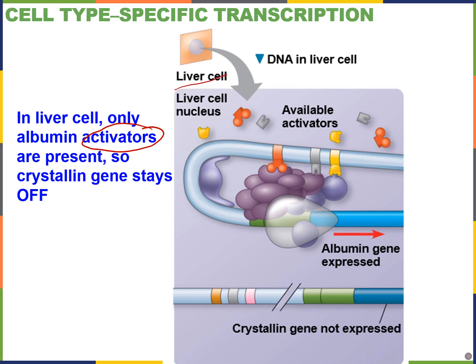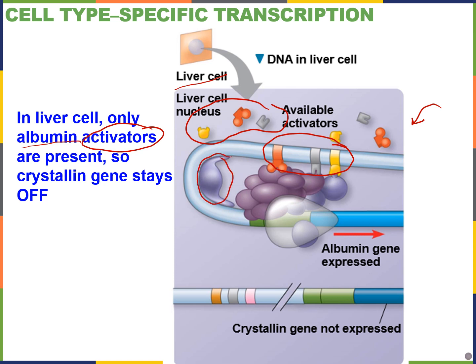So in the liver cell, we only have activators for the albumin gene. So if I look at this, the activators are shown here. They are available in the liver cell, so they bind to those distal control elements.